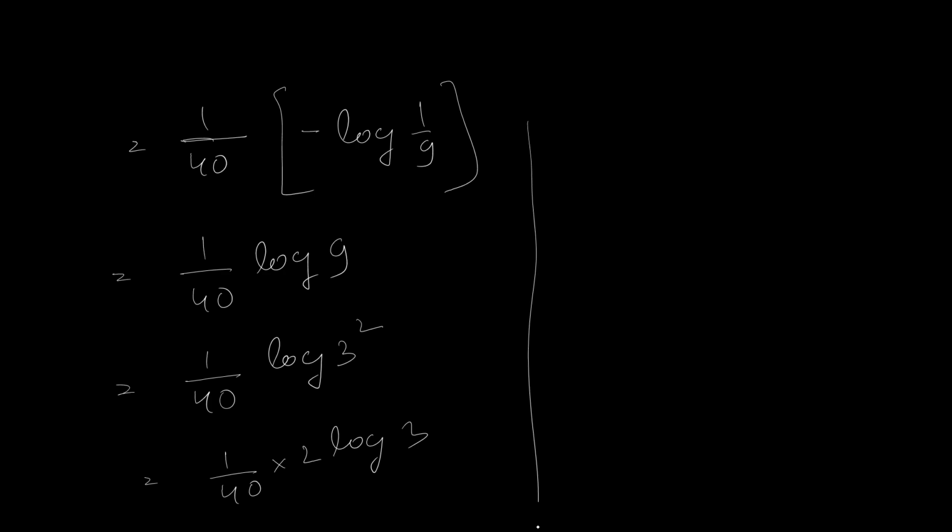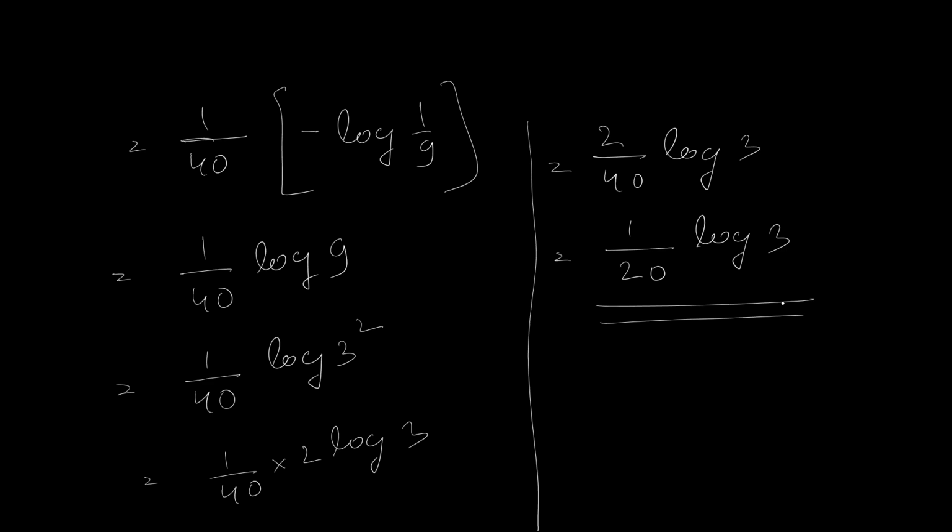So this is 2 by 40 log 3, it will cancel out, and I will get 1 by 20 log 3. This will be the answer.